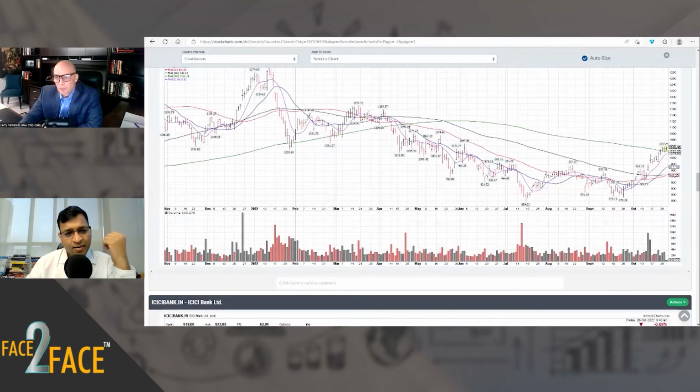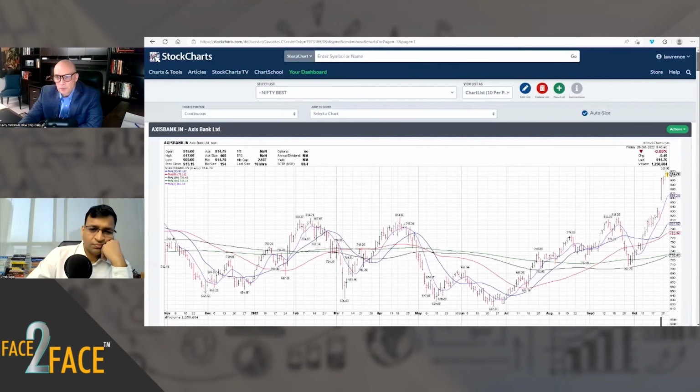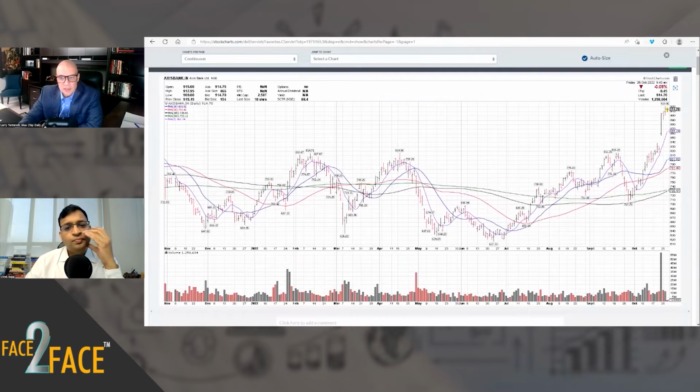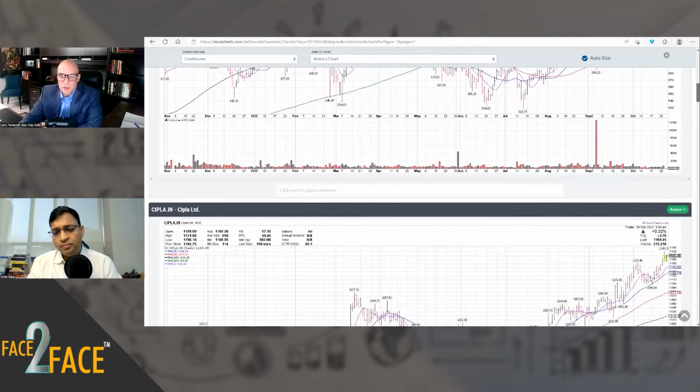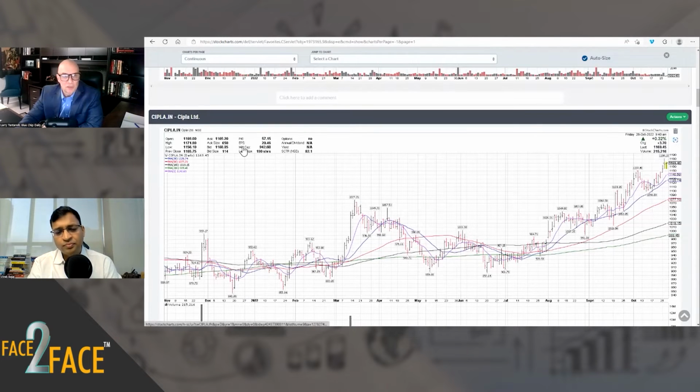So the buy signal would be any time that the 8 crosses the 20-day, so that would be the purple and the blue line. So you get the idea. On CIPLA, it would have crossed higher here.